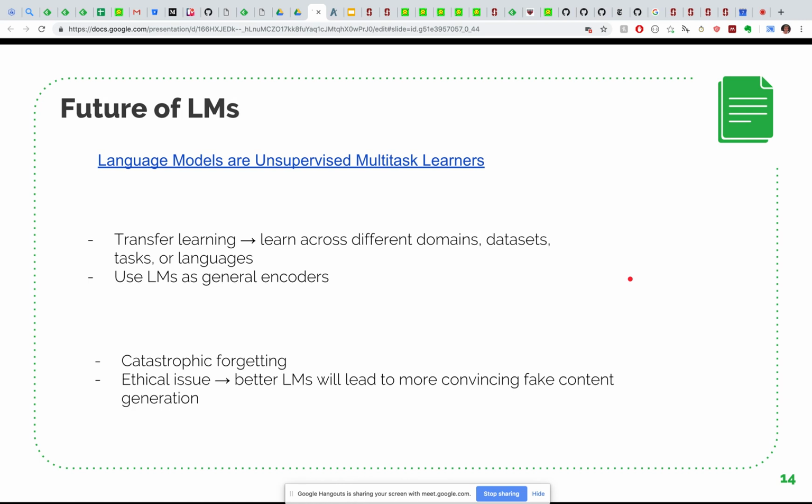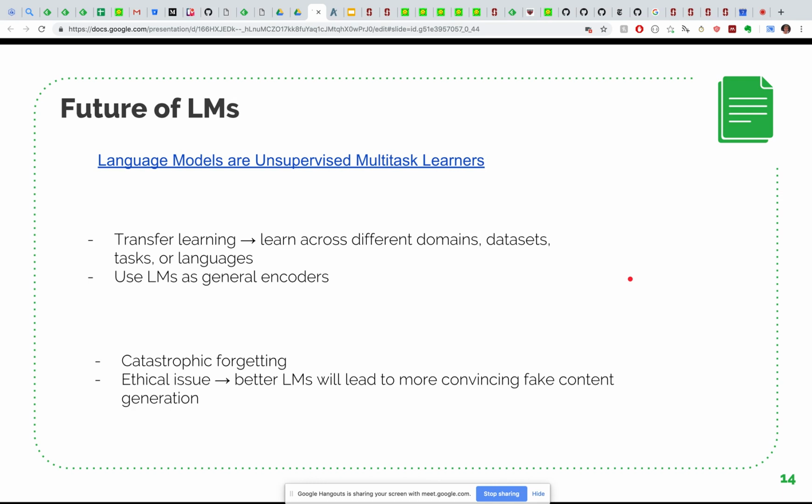I think it's really exciting to maybe in the future use language models as general encoders, and then use these encoders to give information to specialized learners. Because right now, everyone working on machine learning for specialized datasets uses specialized pipelines, but they could benefit from generalized pre-trained embeddings.